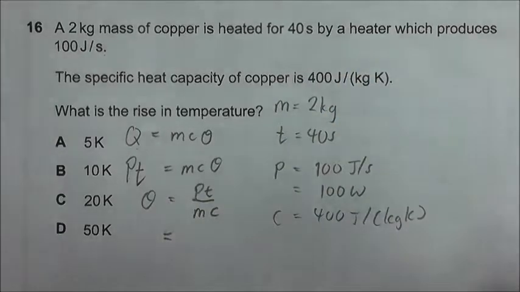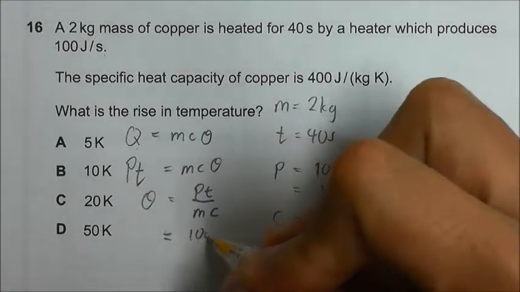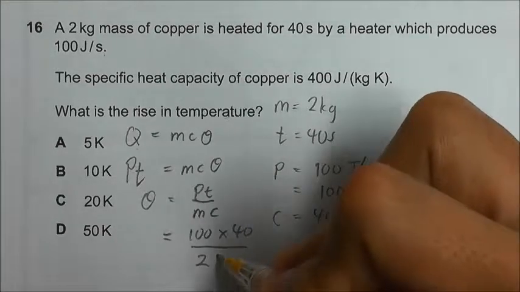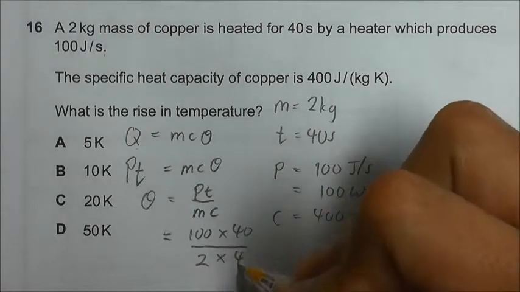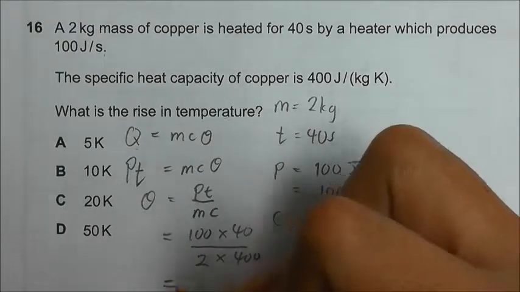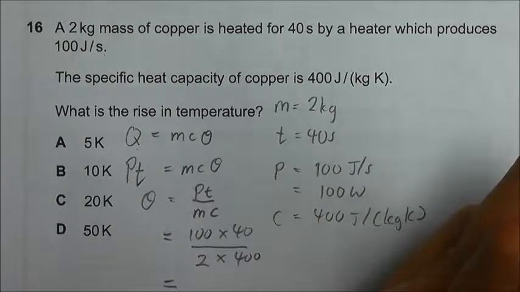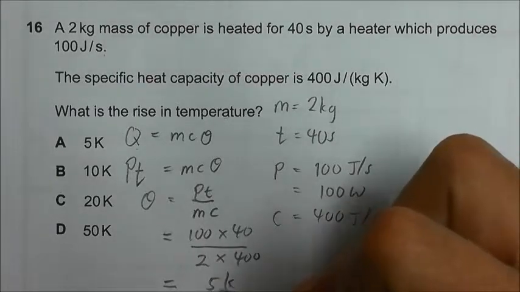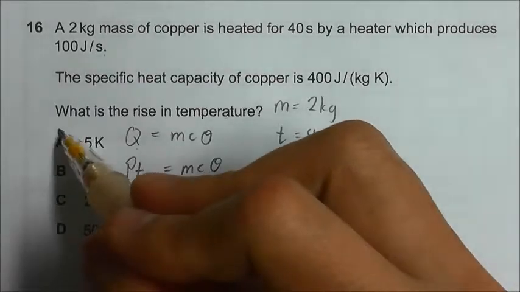So we will get 100 multiplied by 40 divided by 2 divided by 400. So in this case, we will get the answer as 5 Kelvin, and the answer will be A.